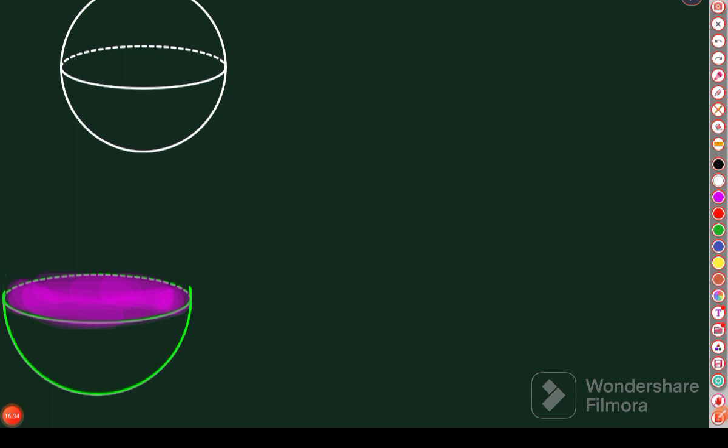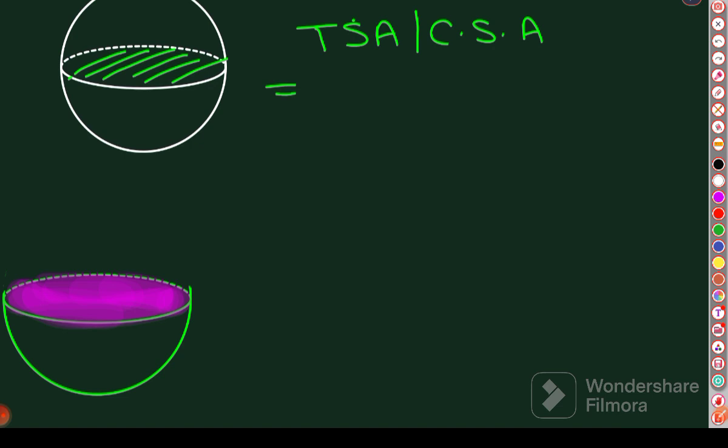So you can see this. Now this is one sphere, and this is the circle at the middle. So here total surface area and curved surface area are both the same. Okay. Formula is what?